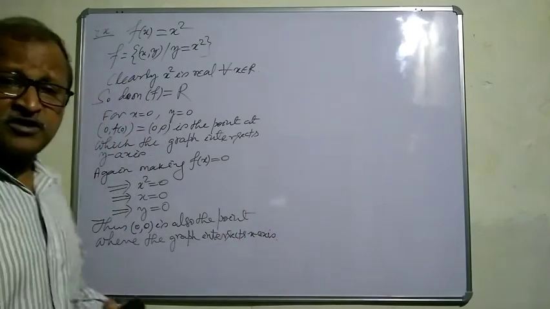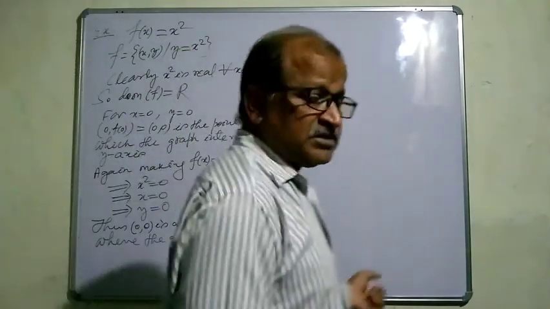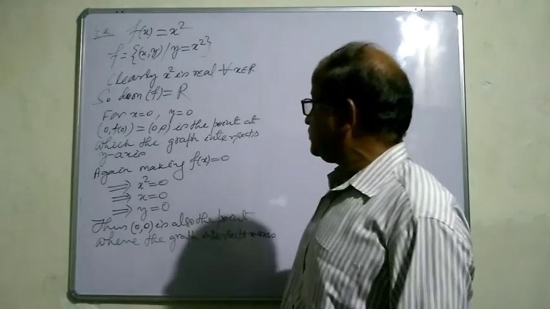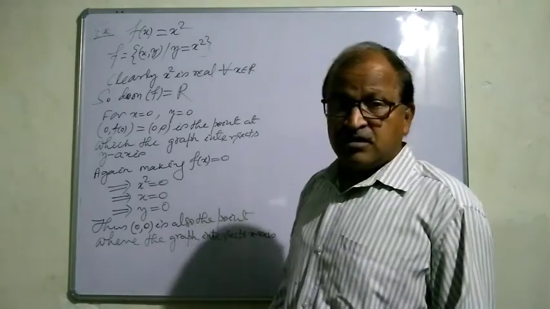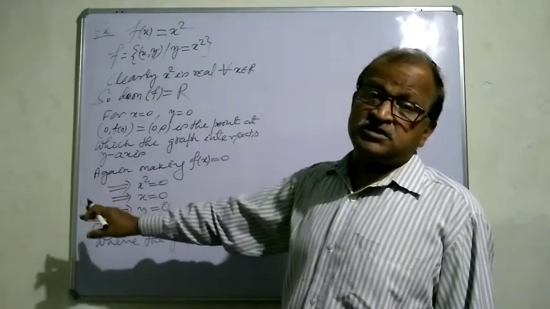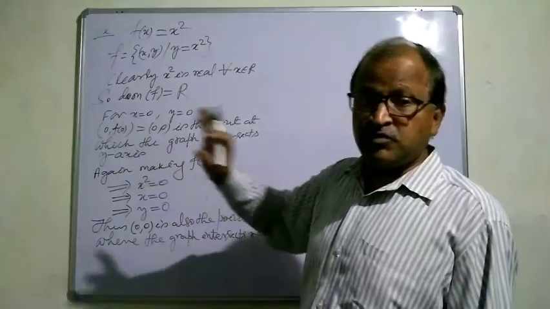So the point of intersection of the graph with the x axis as well as the y axis is the same point, the origin (0, 0). This is the only point where it intersects both the x axis as well as the y axis.